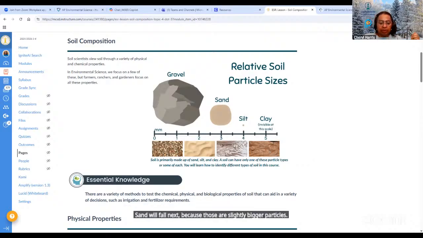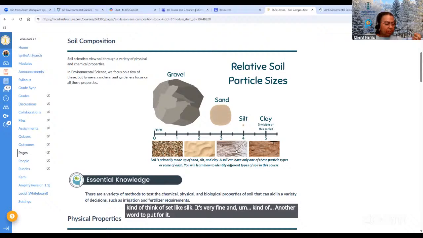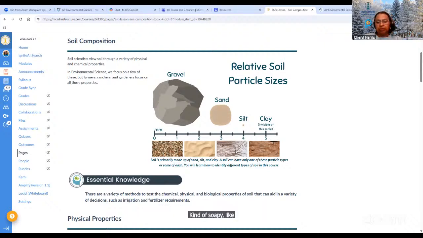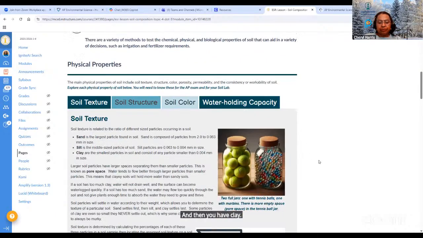Silt, think of silt like silk. It's very fine and kind of soapy, like a silky feeling to it. And then you have clay. Alrighty.